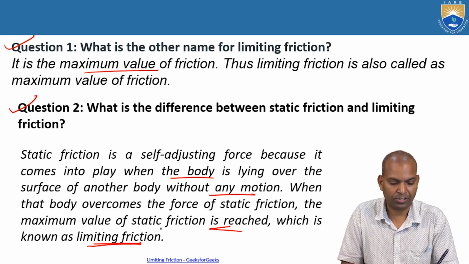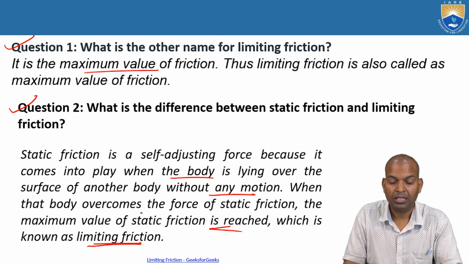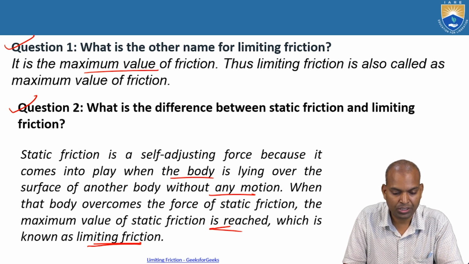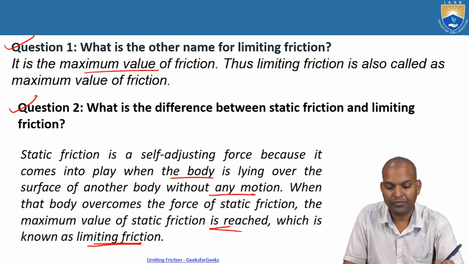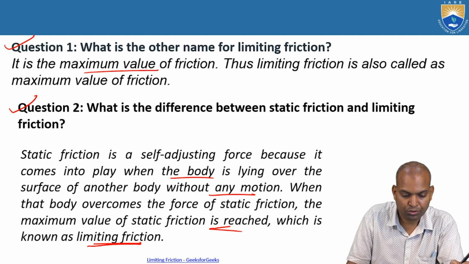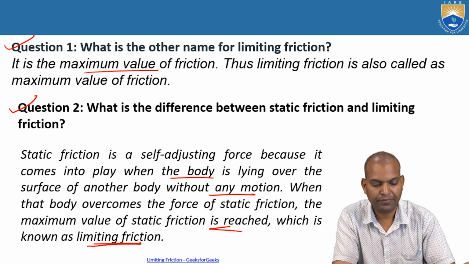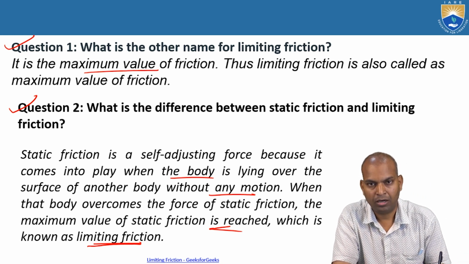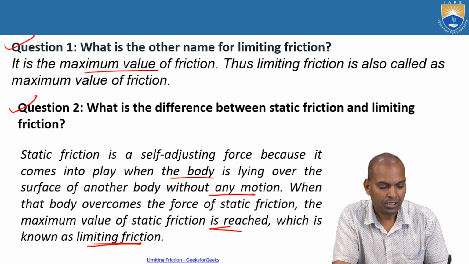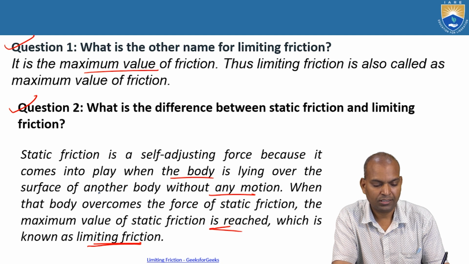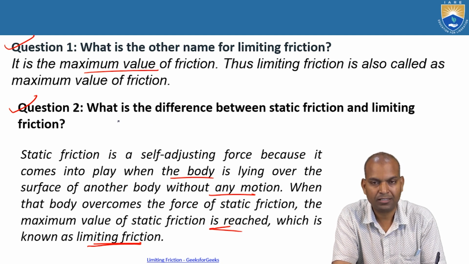Mainly two questions we covered here: what is the difference between static friction and limiting friction, and what is the other name of the limiting friction? There are different questions we can extract from the fundamentals of friction.